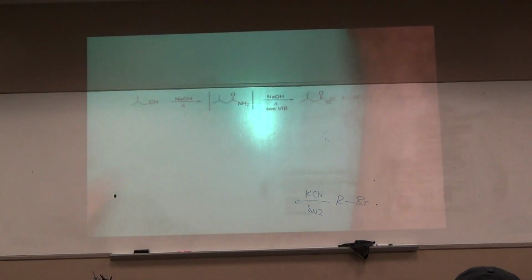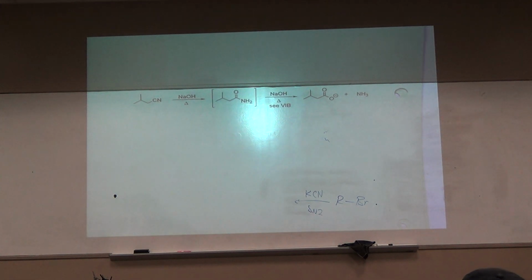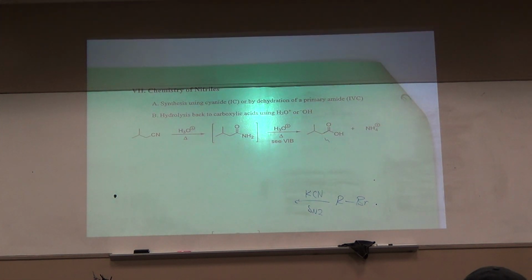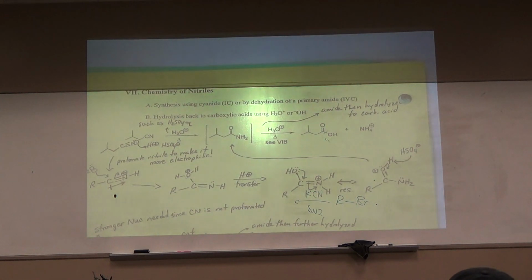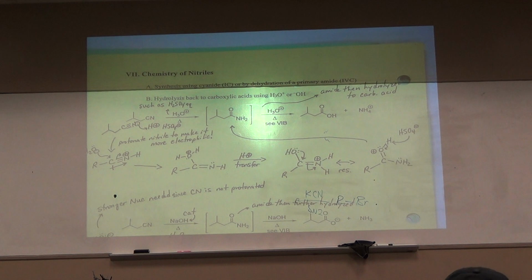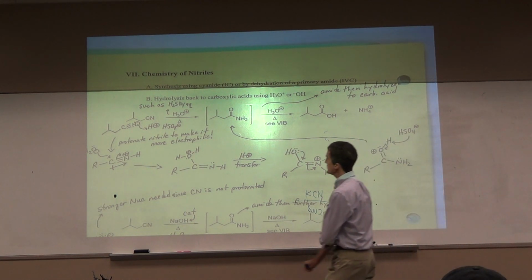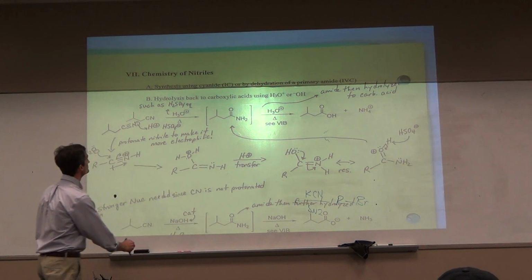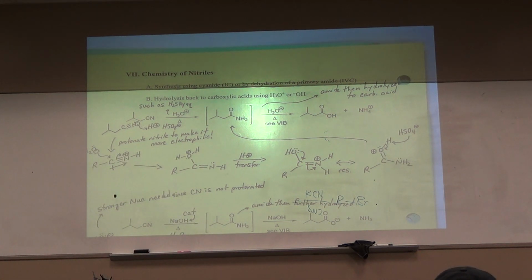Chemistry of nitriles. See it all there? Yeah, there it is. Oh, that was quick, wasn't it? What can you do with nitriles? Well, you can synthesize them, and we just showed two ways to do that.